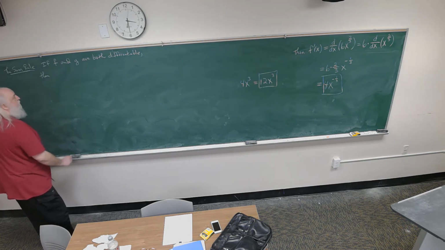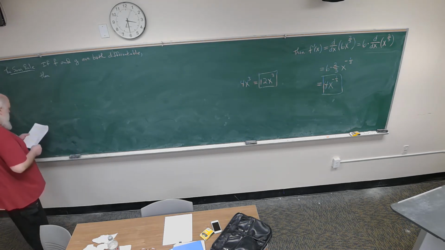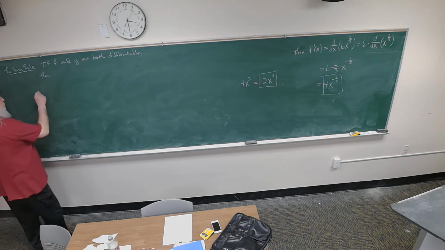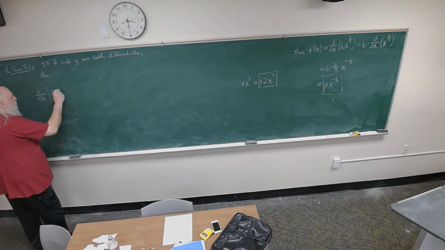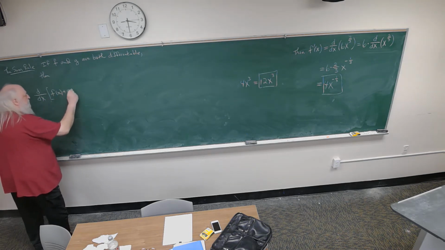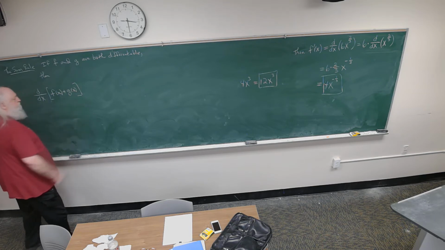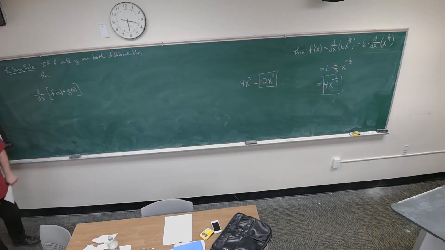So if f and g are both differentiable, then the derivative with respect to x of the sum of the two functions, so f of x plus g of x is the third function. Well, the derivative of that sum is the sum of the derivatives.